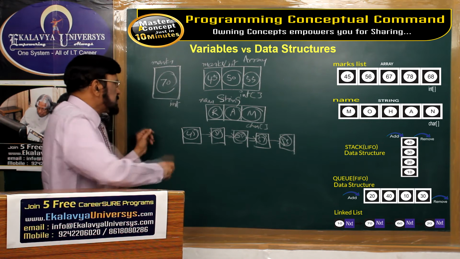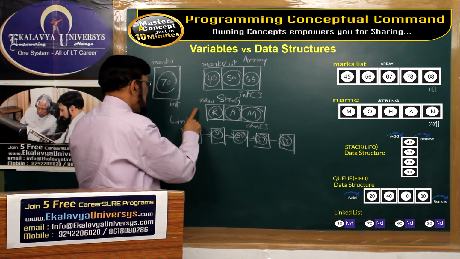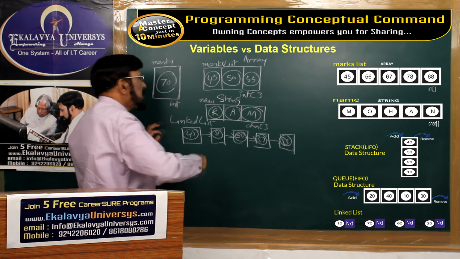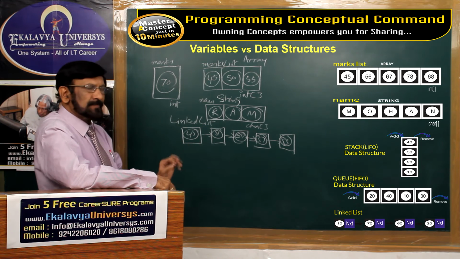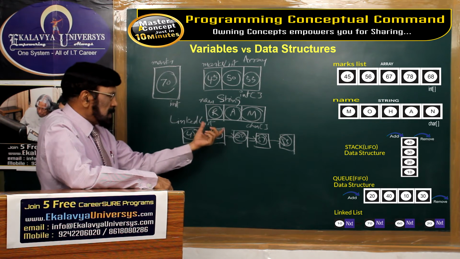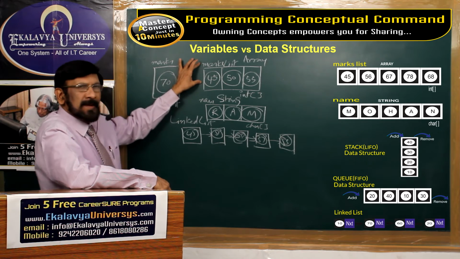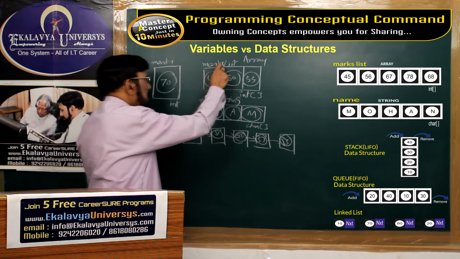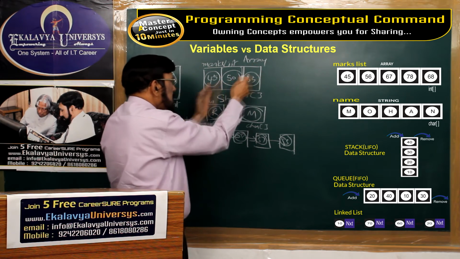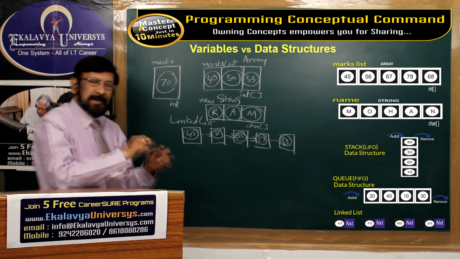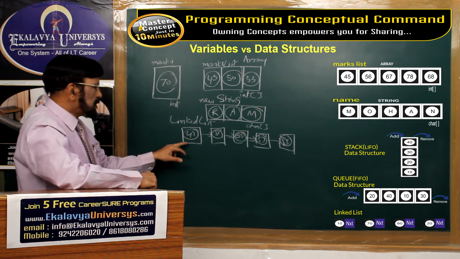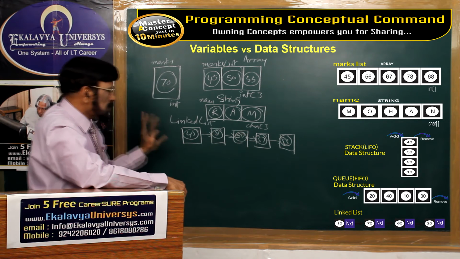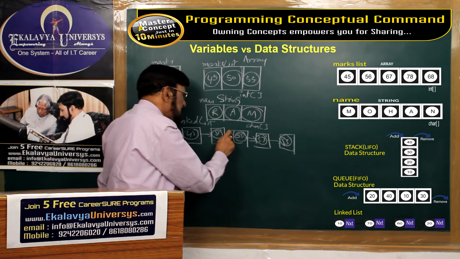Here, linked list. What is the difference between array and linked list? With a real life example, an array is like a train. In a train, all compartments are linked like this. But this is like a fleet of boats. In a fleet of boats in a river, several boats are there. All boats are linked like this.